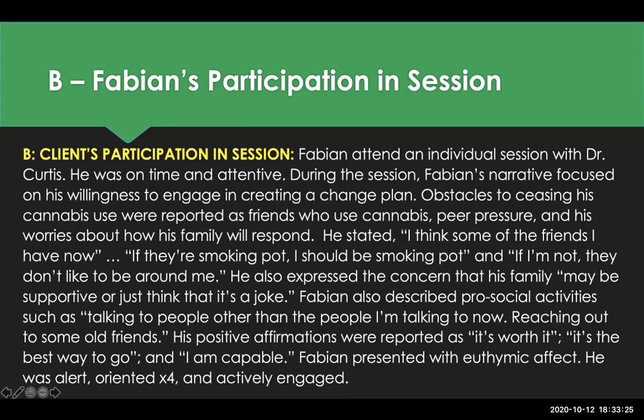He also expressed the concern that his family may be supportive or just think that it's a joke. Fabian described pro-social activities such as talking to people other than the people I'm talking to now, reaching out to some old friends, and his positive affirmations were reported as, "it's worth it, it's the best way to go, and I am capable." Fabian presented with euthymic affect. He was alert, oriented, and actively engaged.